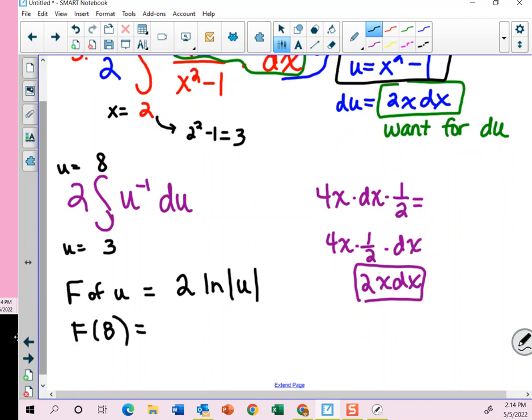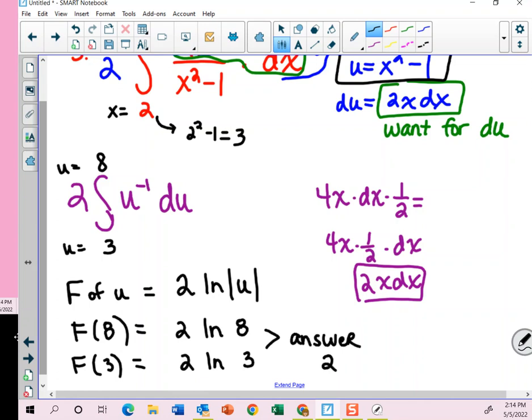Big F of 8 is 2 natural log of the absolute value of 8, which is just 8. Big F of 3 is 2 natural log of the absolute value of 3, which is just 3. So my final answer for this guy, 2 natural log of 8 minus 2 natural log of 3.